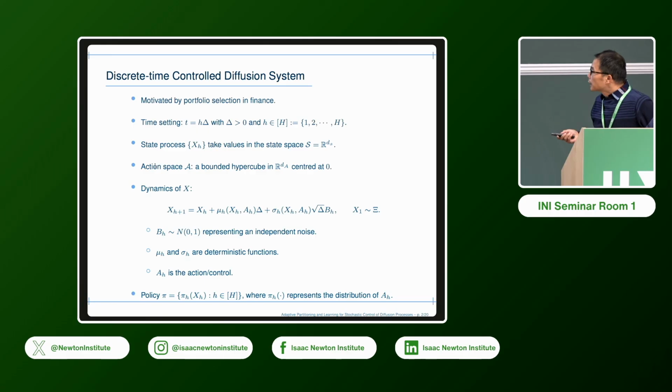Our optimization will be over the control A, and here we use the reinforcement learning framework to say our policy is a distribution over the action space. Because of the Markovian property of the system, we only consider the distribution which depends only on the current state of the system.